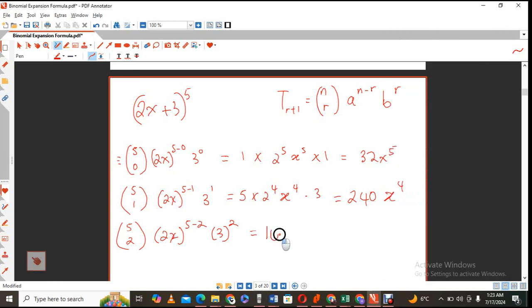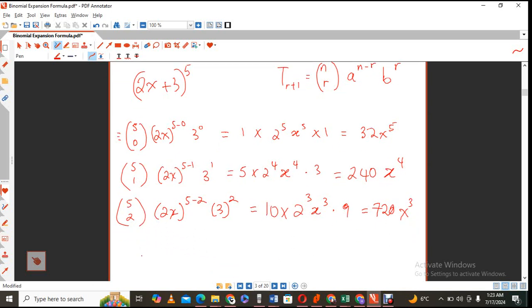So that is 10 times 2 raised to the power of 3, x cubed, multiplied by 9. The 9 comes from 3 squared. So you have 10 times 8, 80 times 9 is 720. So that is 720x cubed. Let's continue and get the next one.